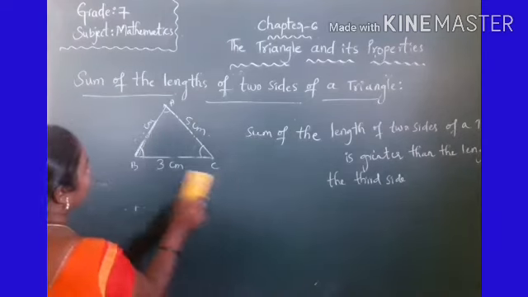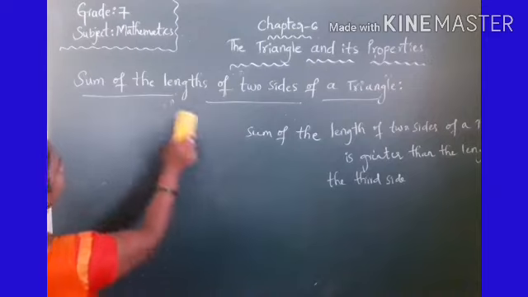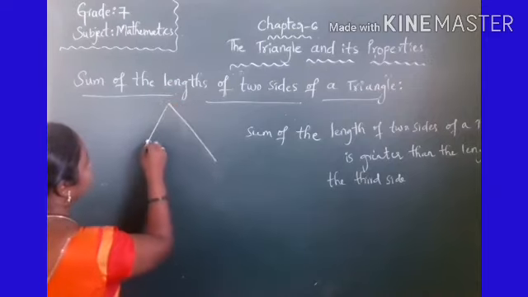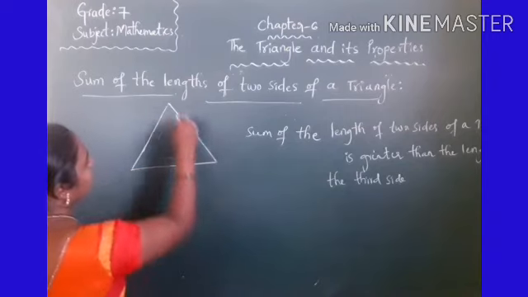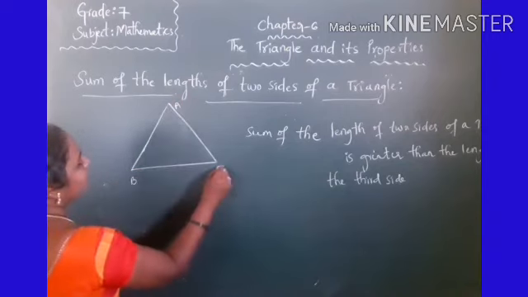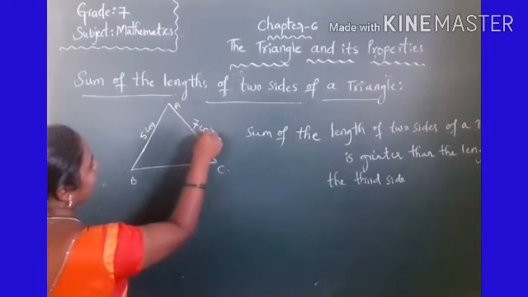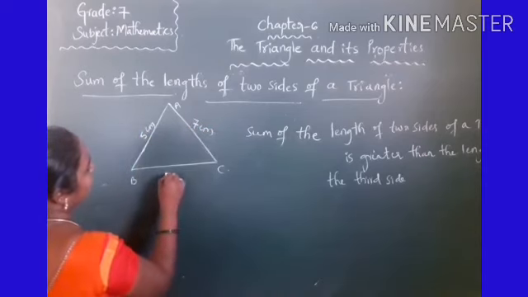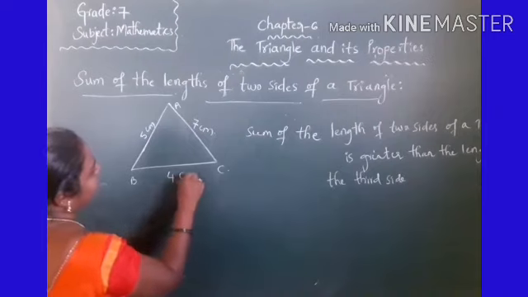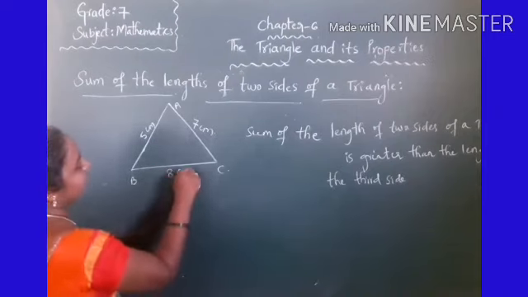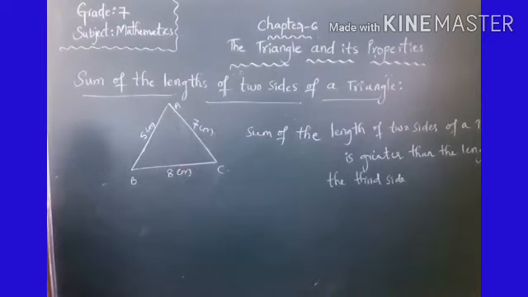Suppose we take one more triangle ABC. Here 5 centimeters, 7 centimeters, and 8 centimeters.